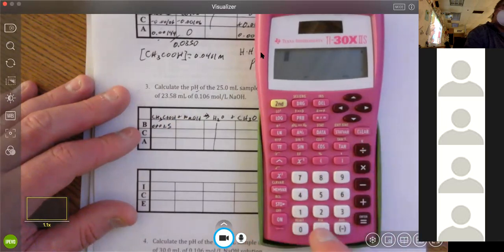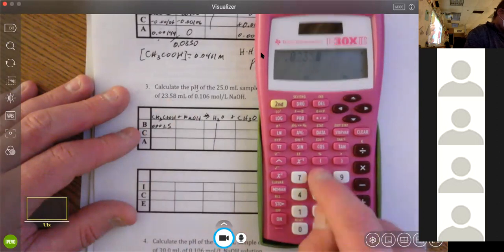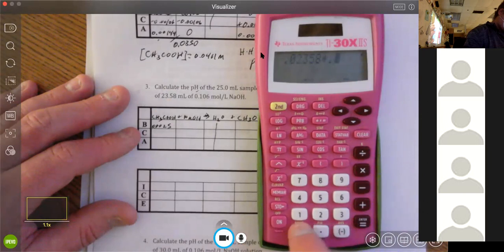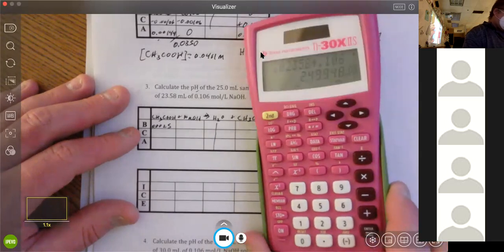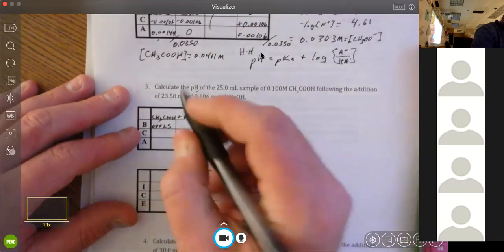Oh, can't do that. 0.023 is changing that 58 times, 0.106 moles per liter. Close enough to 0.0025 as well.